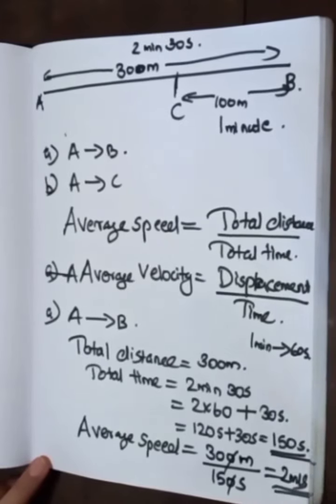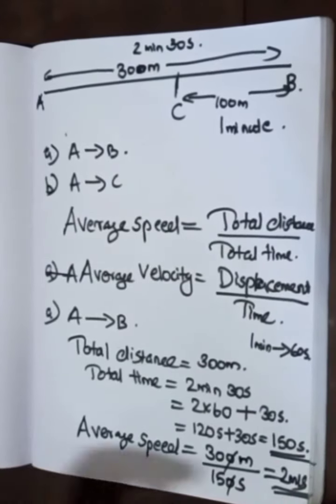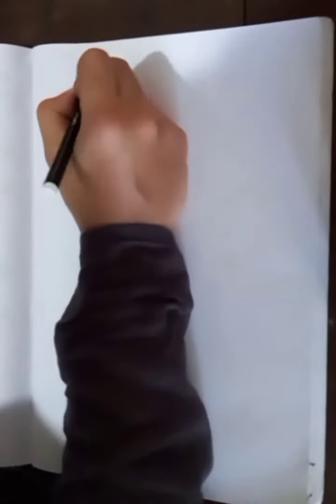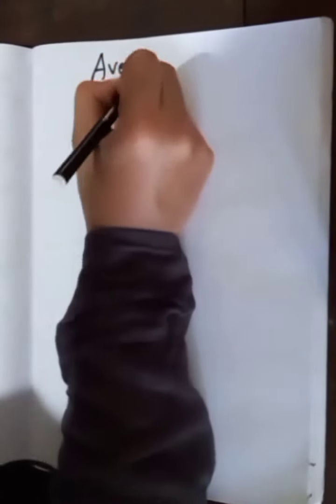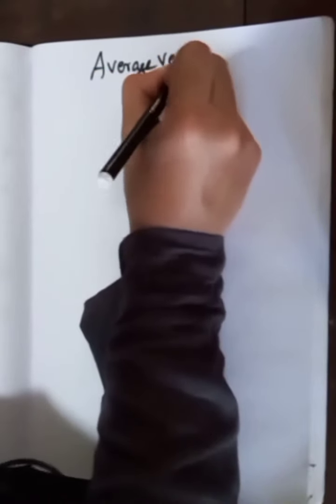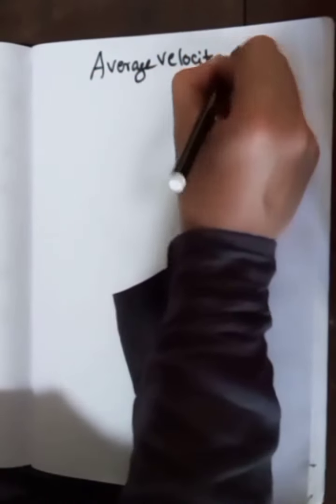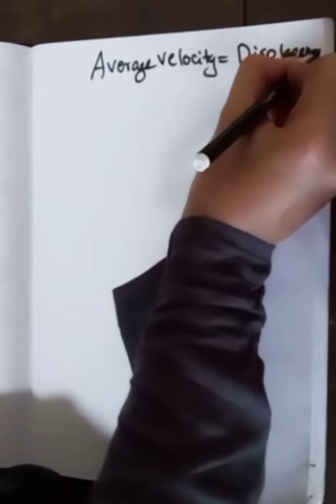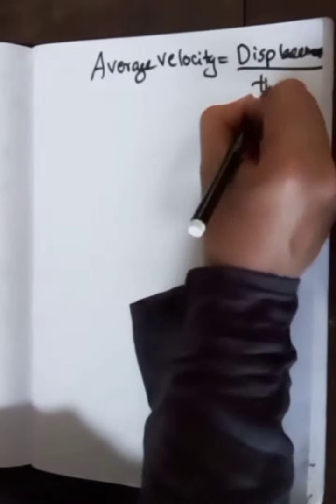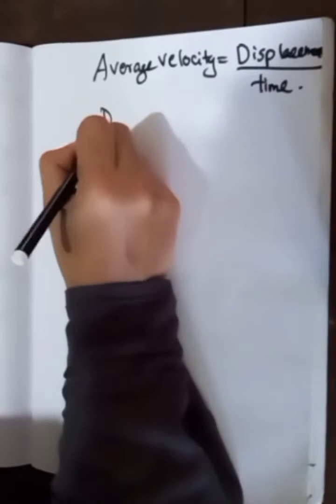The answer is the average speed is equal to 2 meter per second. We have to calculate the average velocity. Average velocity is equal to displacement by time. What is the displacement here?